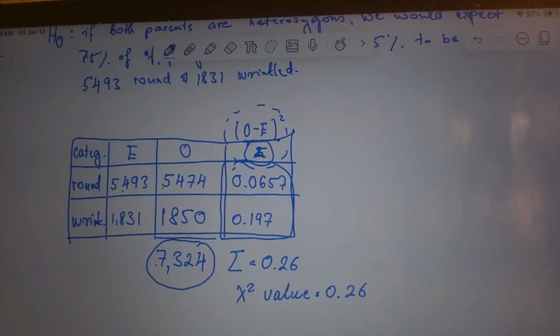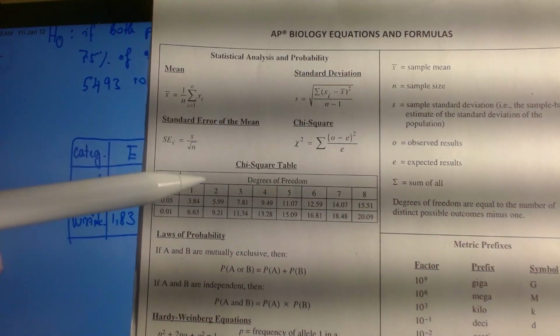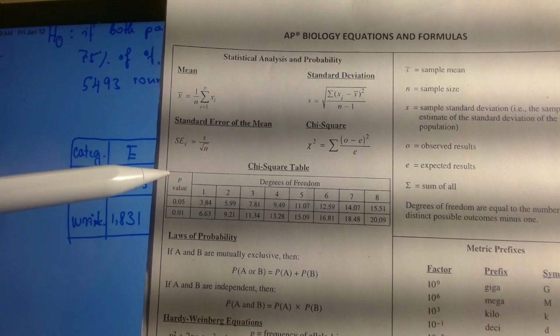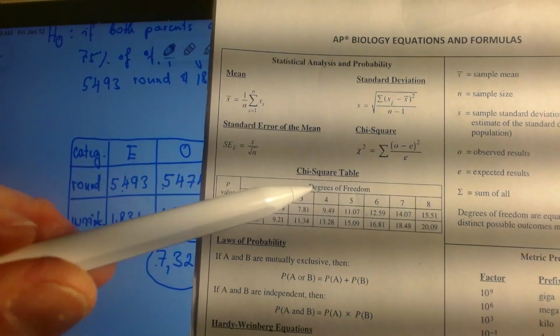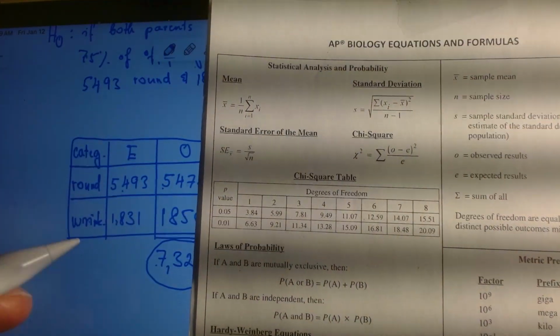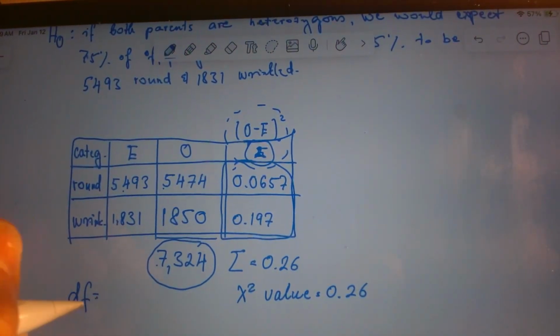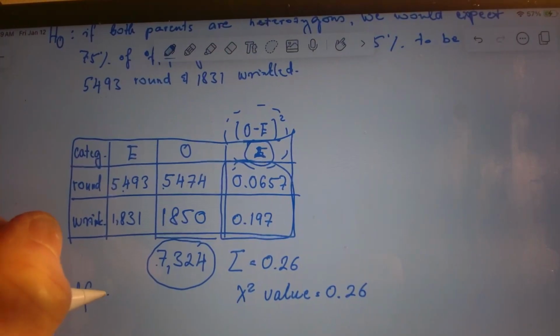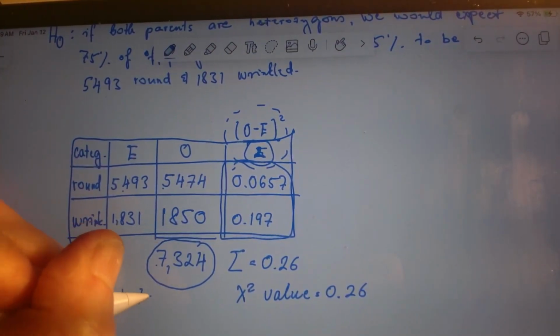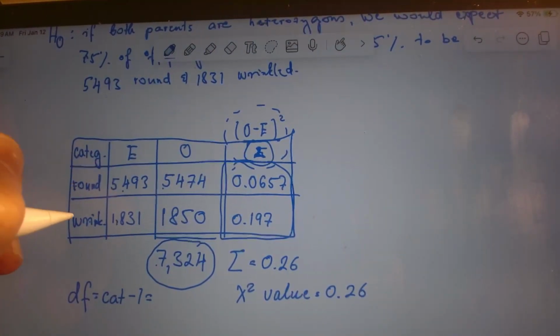What we are going to do is go back to the formula sheet and check the degrees of freedom. The degrees of freedom is usually the number of categories minus 1. So we have two categories, and minus 1 is 1.